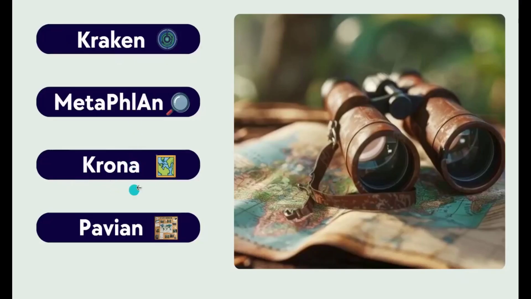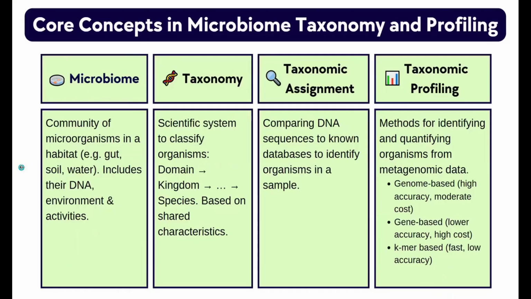Then shifting towards Krona, our magical map. It's a glowing circular map you can zoom and spin. By the way, the first slide in this video has a figure. This figure is Krona output. Can we show it?